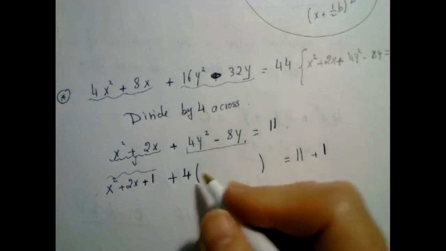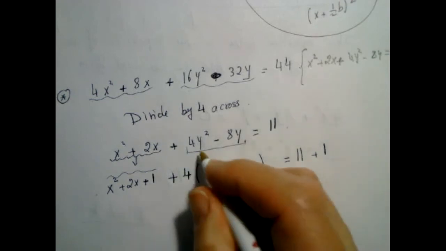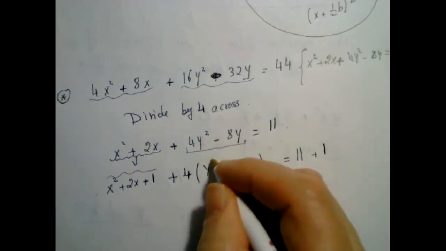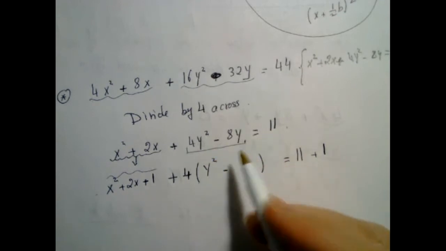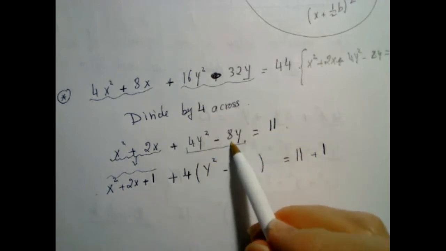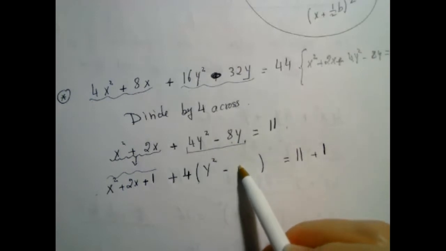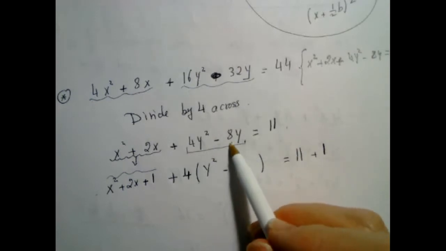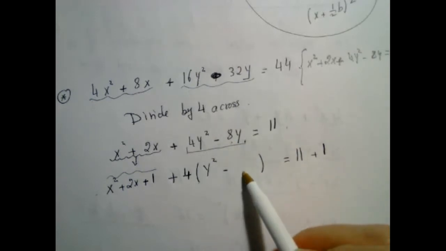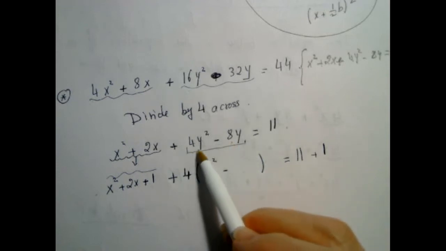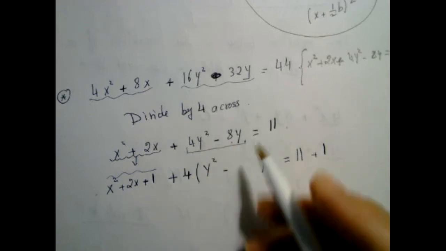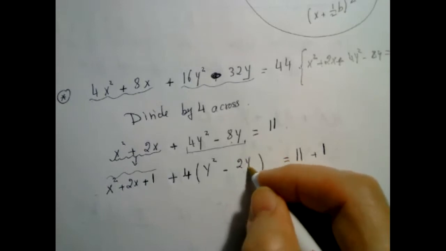I will factor out the 4. When I factor out the 4, what will I have inside? I will have y squared here. And this will give me what? What shall I have here? Please help me out because I want to make sure you guys are following. If I factor out the 4, that's going to give me 4y squared, and that will give me 2y.